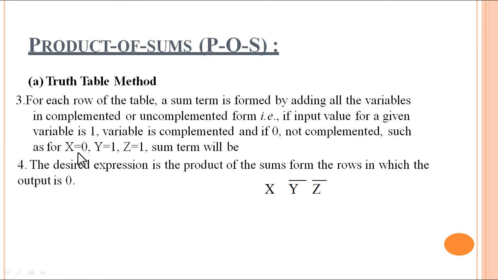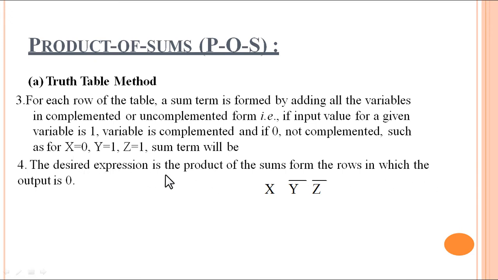For example, x equals 0, y equals 1, z equals 1. The sum term will look like this. 0 doesn't get a bar over here, which is quite the reverse of the SOP, so it is an uncomplemented variable. So for 0, x; y equals 1, y bar; z equals 1, z bar. So this is the form for the desired output.